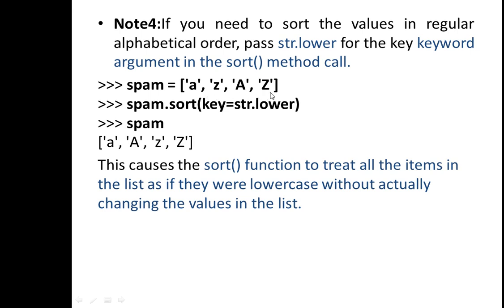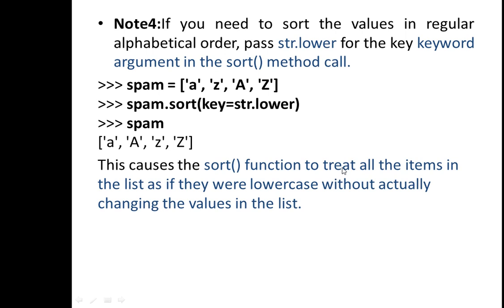Now if I use the sort method here, then by default first capital letters will come and then small letters will be displayed. Now if I do not want that to happen, then you just write key is equal to str.lower. So what does this do? This will implicitly convert all of these letters to small letters, and therefore small a, capital A, then small z, capital Z will be printed.